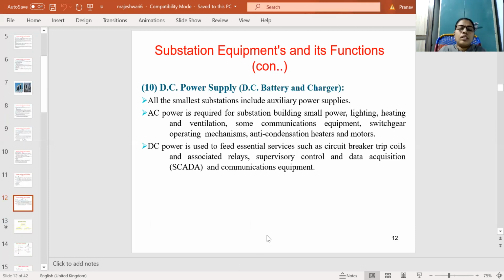Then coming to the DC power supply or DC battery and also chargers. All but the smallest substations include auxiliary power supplies.